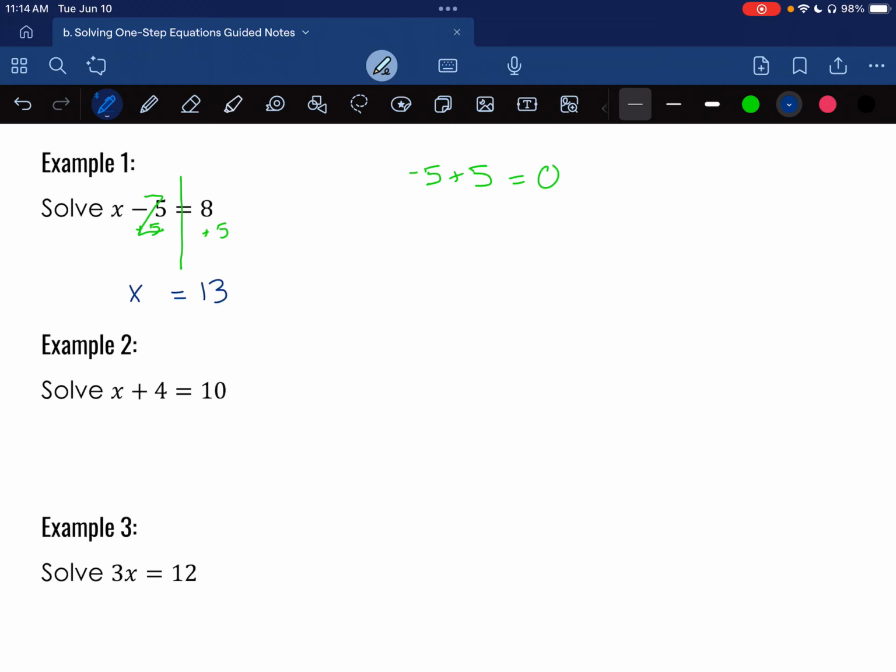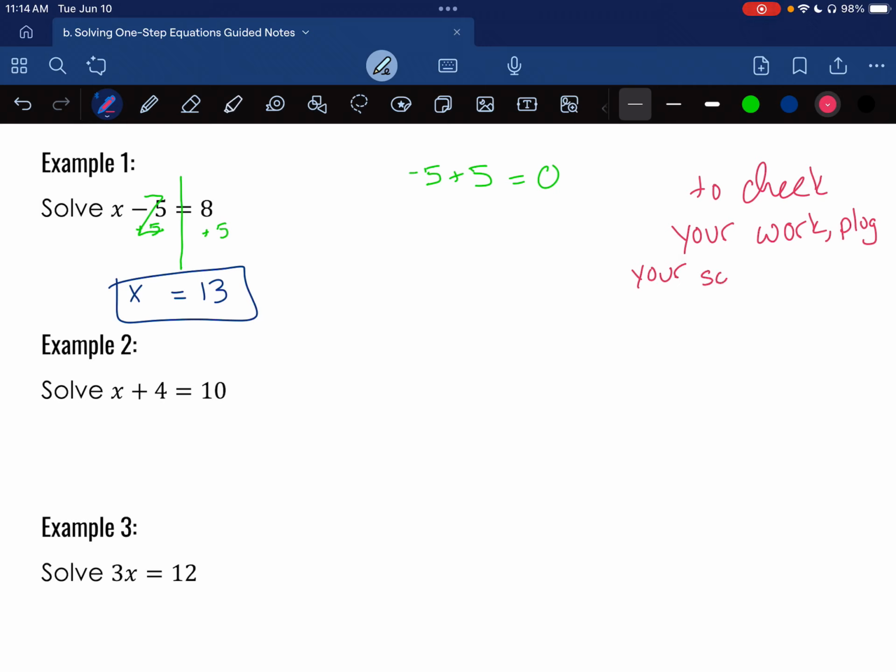Now, how do we know that our answer is correct? Well, to check your work, so this is what I was talking about earlier with true statements. To check your work, plug your solution into x in the original equation.